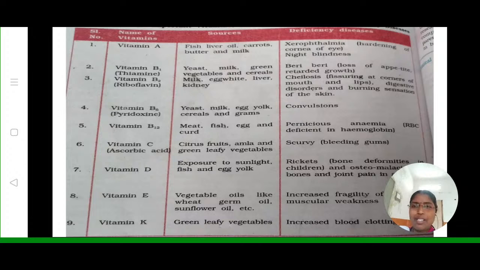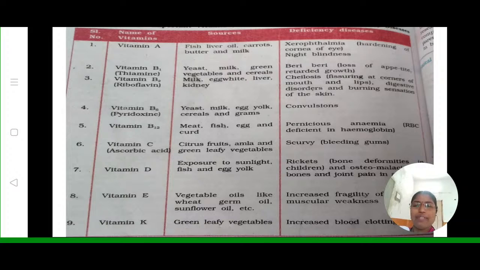The deficiency is pernicious anemia. Pernicious anemia means RBCs deficient in hemoglobin. Okay. Next, vitamin C. The scientific name of vitamin C is ascorbic acid.